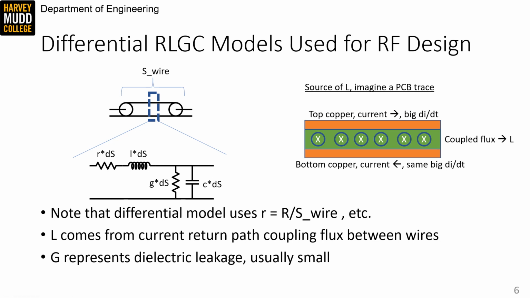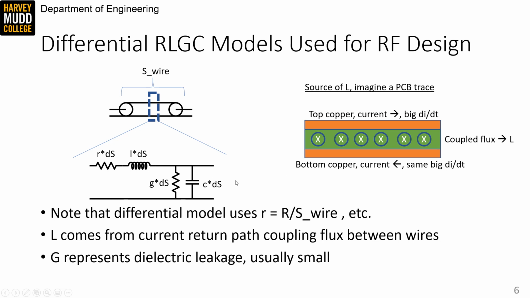If you apply the right-hand rule to the current directions in these wires, you'll see that both of them create magnetic fields that point into the page in between them, which is an example of creating an inductor. That's coupling flux between conductors.